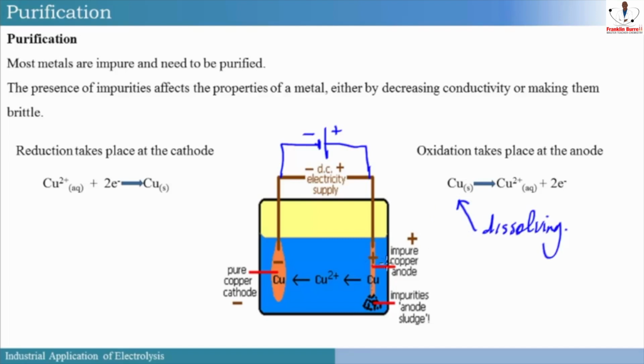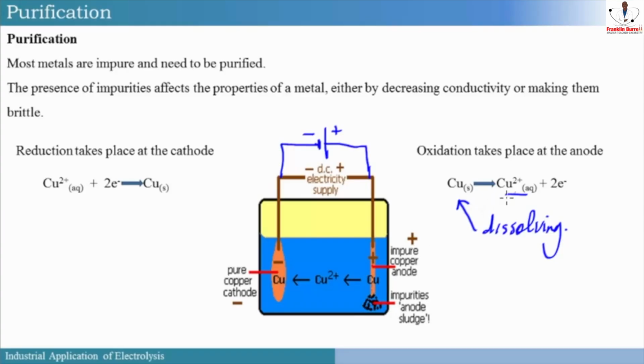So the copper that is impure placed at the anode will dissolve and move from your atom to your ion. Once you form your ion, the impurities that are present in the metal will fall off into the container as sludge.